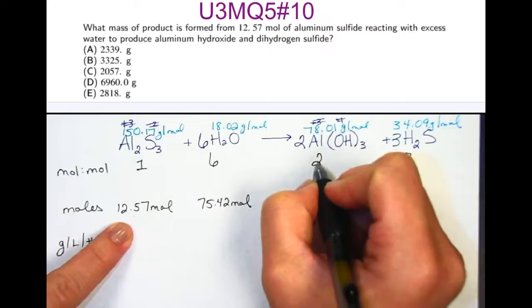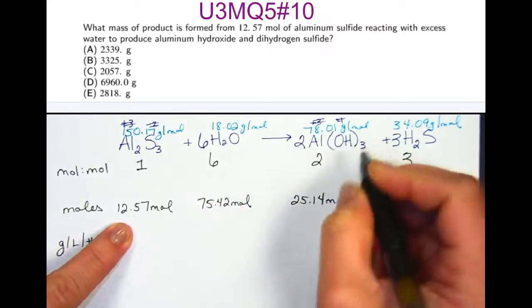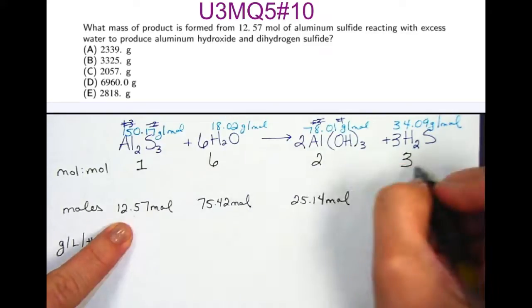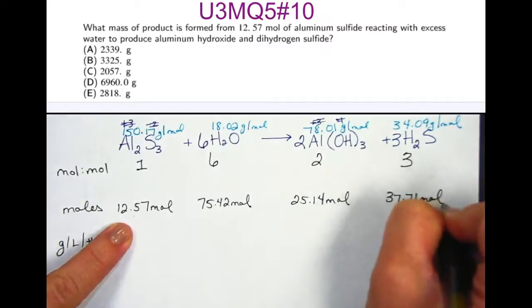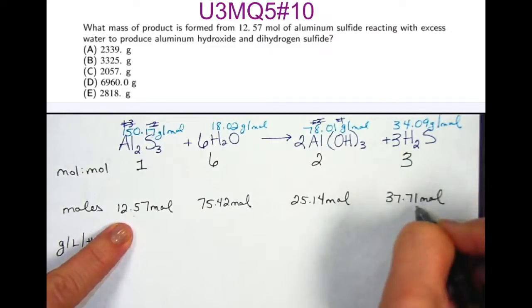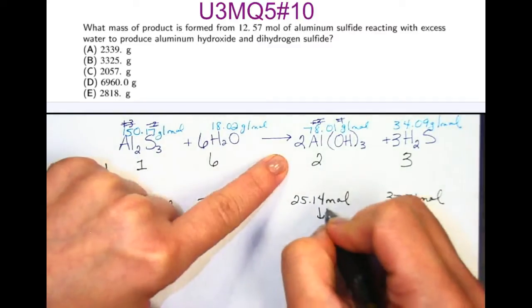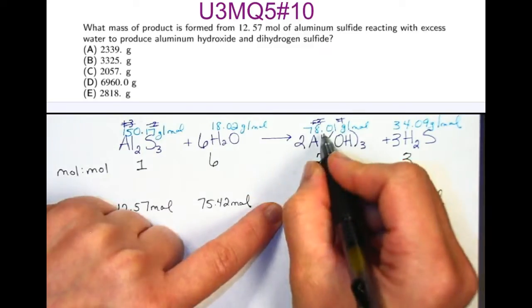12.57 times 2 is 25.14 moles of aluminum hydroxide produced. And 12.57 times 3 equals 37.71 moles of dihydrogen sulfide produced. Now I can figure out the grams of both my products formed by taking the moles and multiplying it times the molar mass respectively.